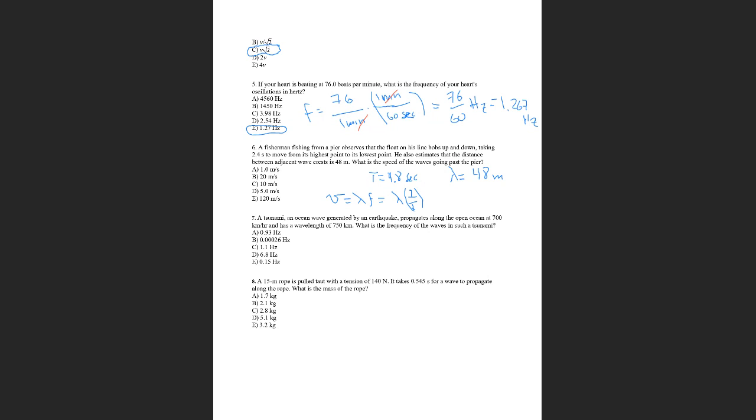Frequency is 1 over period, right? That's 1 over T. So we've got 48 meters divided by 4.8 seconds, which is 10 meters per second. So the correct answer is C.